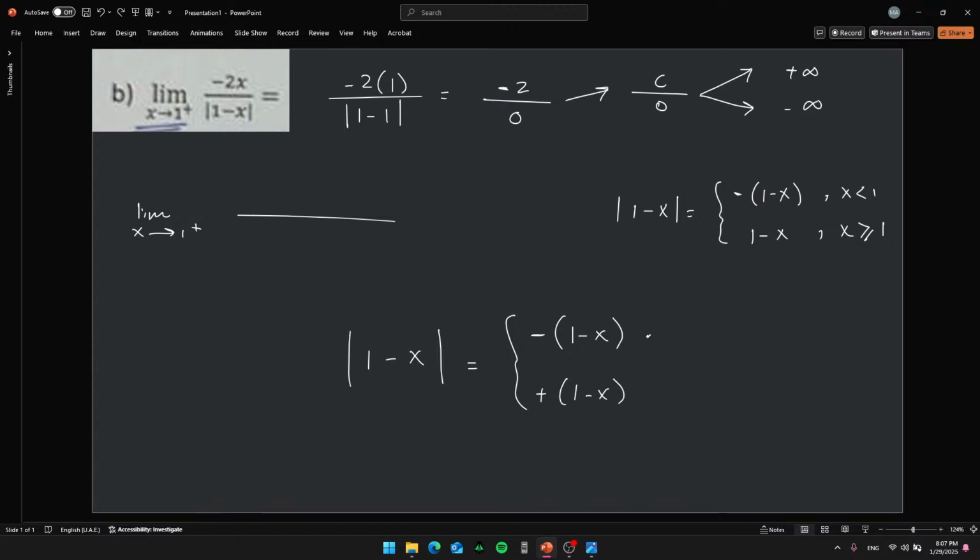And for the domain, I'm not sure, let me check. I forgot how we got them, but I remember it's x less than 1 and x greater than 1.